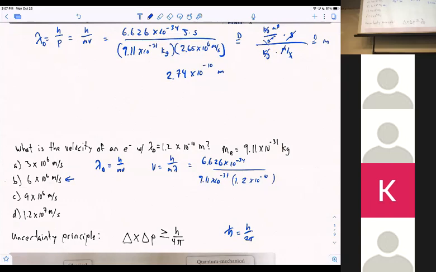If you do that, the math goes left to right, so it'll be 6.626 divided by 9.11, and then it times it by 1.2. You can also do divide, and that'll do the same thing.